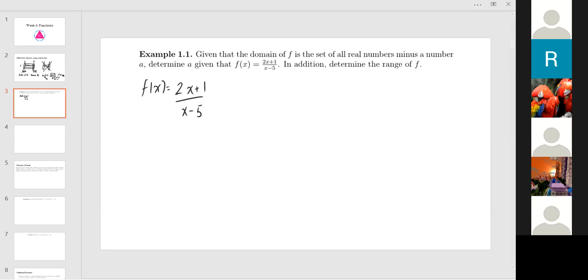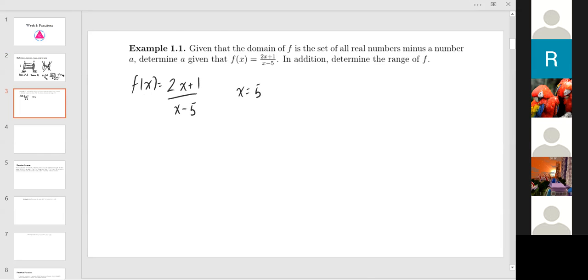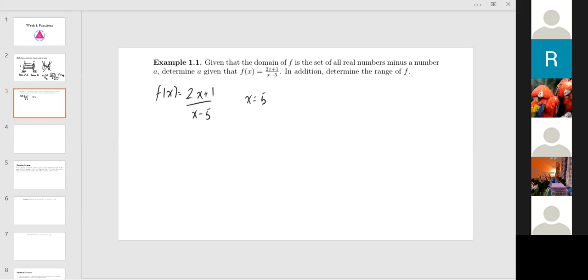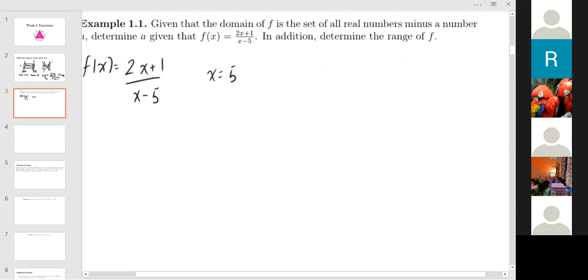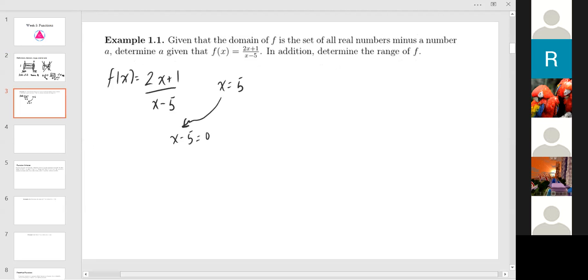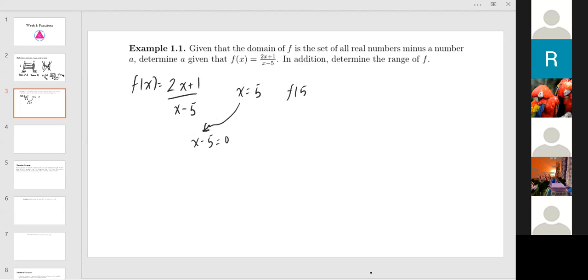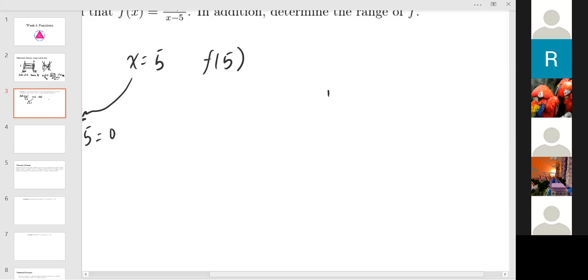We have that when x is equal to 5, we have a 0 in the denominator. So we have x minus 5 is 0. This means that f of 5 is undefined.